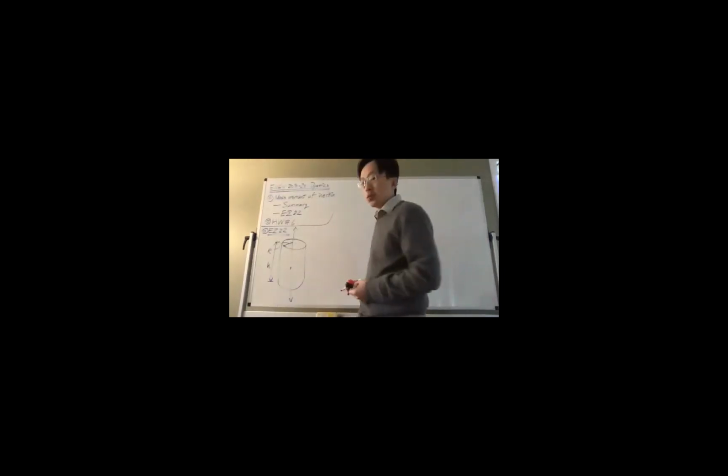And we want to know what the mass moment of inertia is with respect to the z-axis, which is this one here, because we usually define this to be x, this to be y.